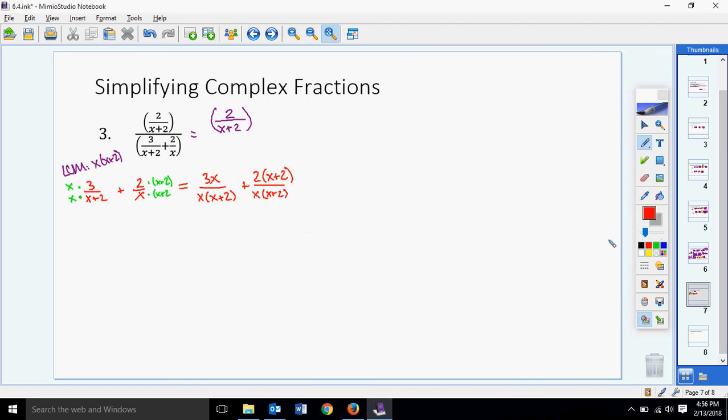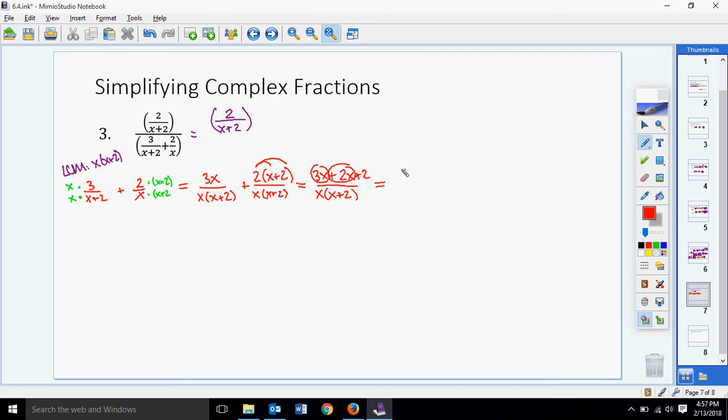Okay, now I have my fractions. I can combine them. I'm just going to add them here so that I can put them up in my original problem. When I add these, remember my denominator stays the same. And I have 3x plus, and I'm actually going to distribute my 2. So I have 2x plus 2. It looks like I have some items that I can combine.